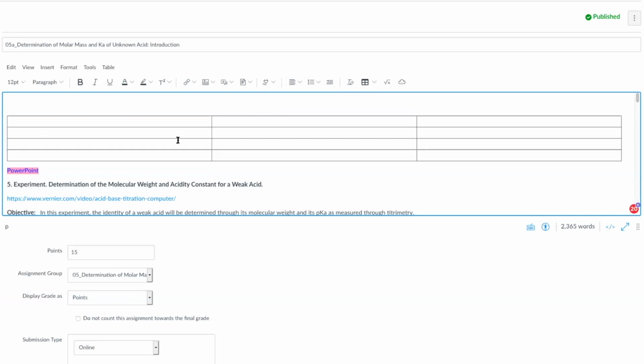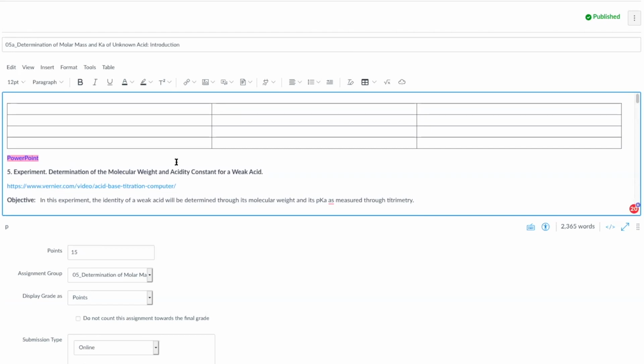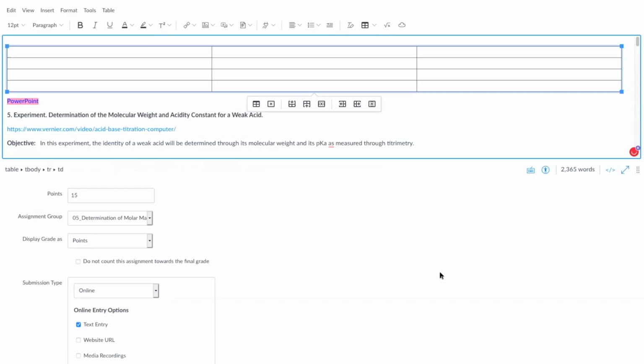So it's important that you make full use of the editor in Canvas, because that's what you are graded on. So please make sure you do that. And if you put it in a Word document or a Google document, then you can just copy and paste it and then make minor revisions depending on the editor that Canvas has.